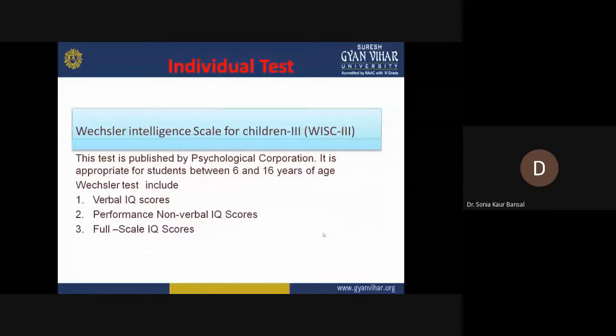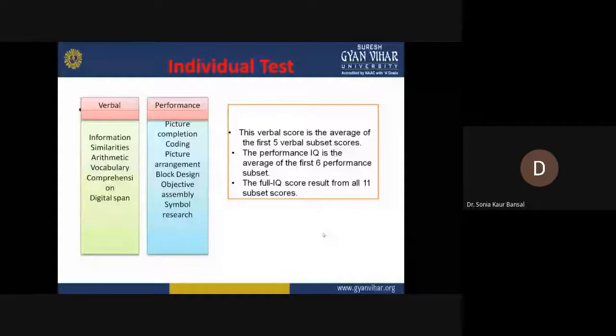Now, verbal and performance, what is the difference? Let's understand. Information, similarities, vocabulary, comprehension, or digit span, they are all included in the verbal type of test. But when you are showing picture completion, coding, picture arrangement, block design, object assembly, symbol search, these are related to performance.